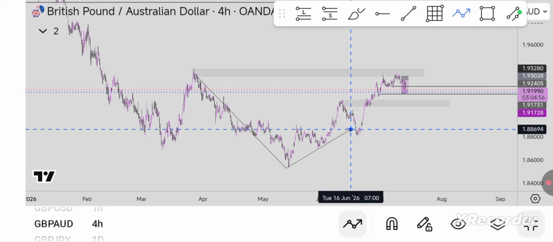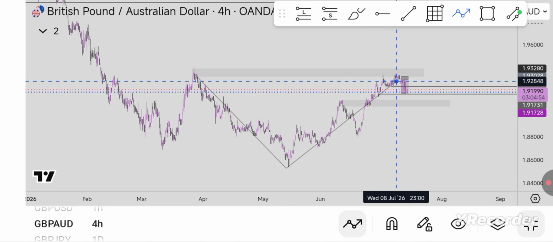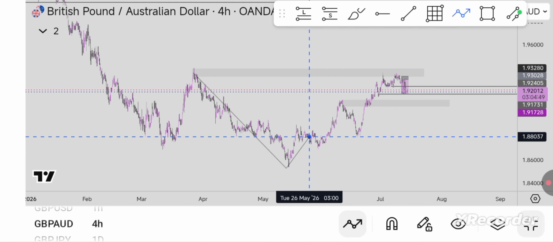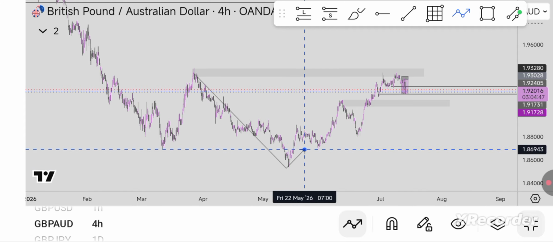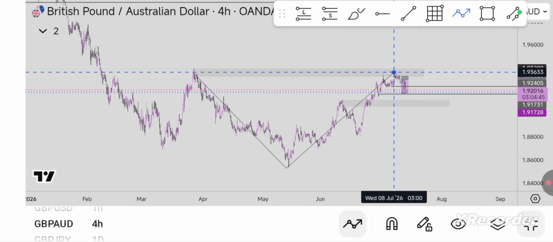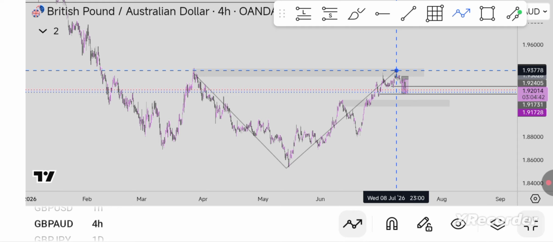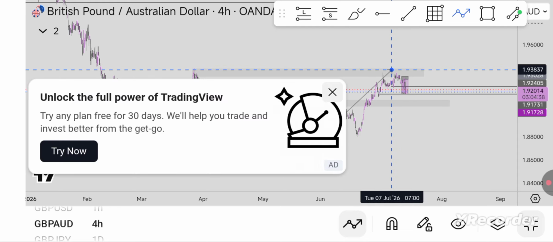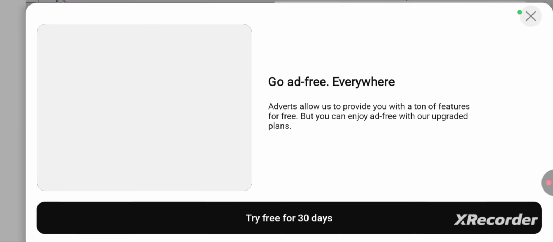Then this move going up is a bullish move to this particular zone here, to this key level here. So we can say from this low up to this key level is a bullish trend on the 4-hour time frame. So if you are a day trader or a scalper, that is what you want to do.